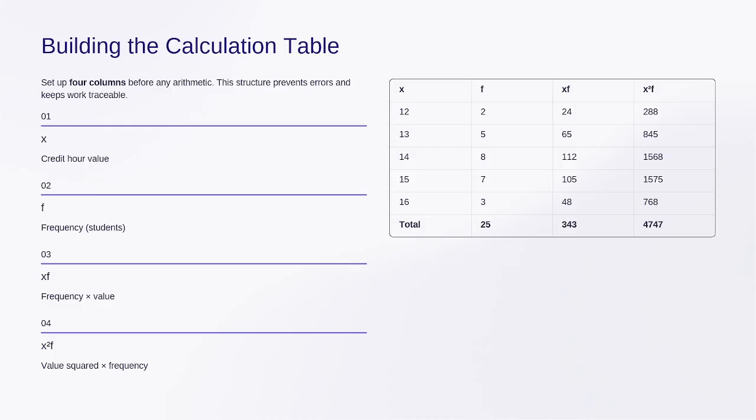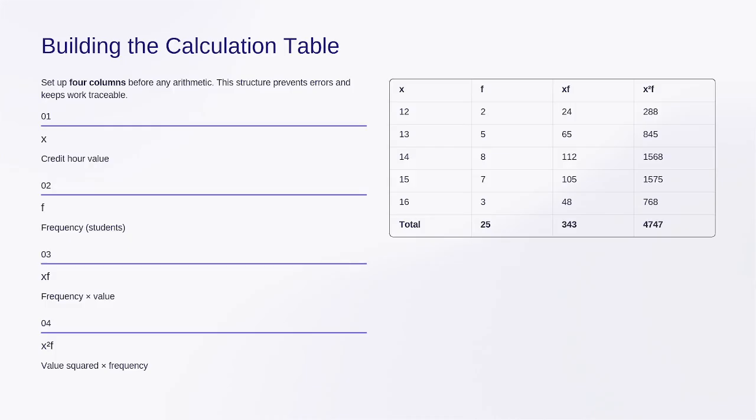For example, 12 into 2 equals 24. 13 into 5 equals 65. 14 into 8 equals 112. Continue for every row. The fourth column is x square f. First square the values, then multiply by frequency. Let's see one example.